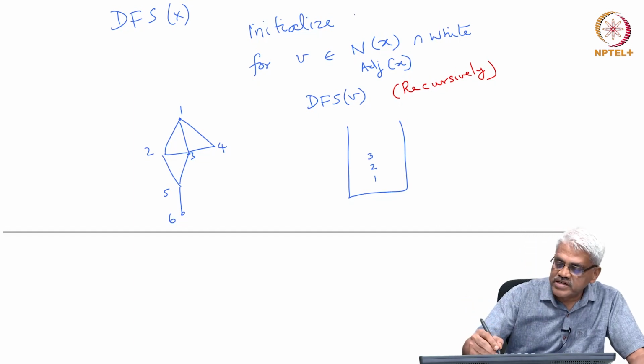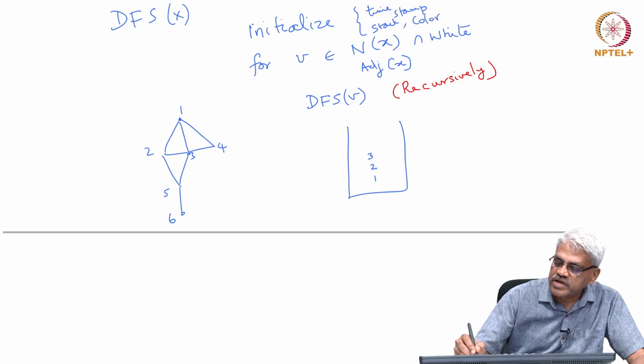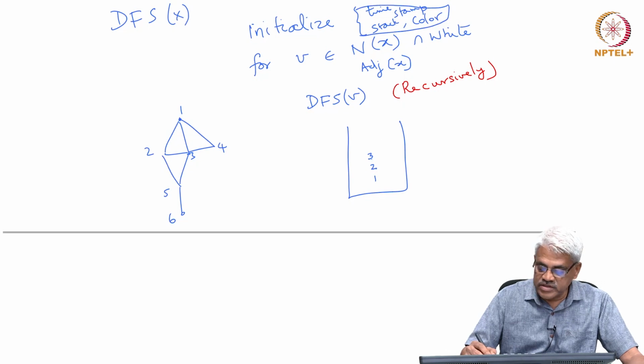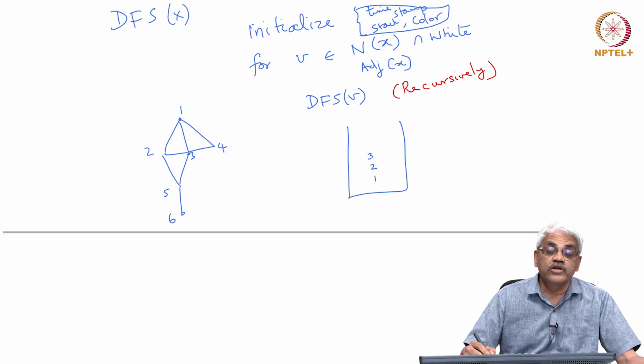Okay. So, initializations are the timestamp, stack, color, all that you do as initialization. Everybody is given white, things like that. So, the moment I start exploring DFS, the first neighbor is 3, first white neighbor, or it could be 5, it does not matter. I put it in the stack.